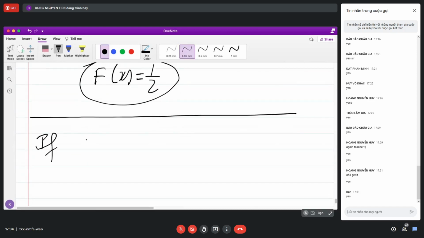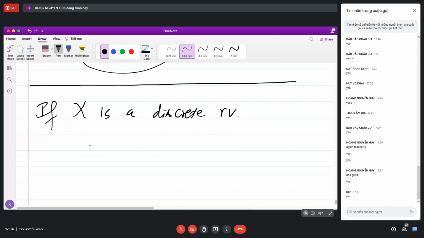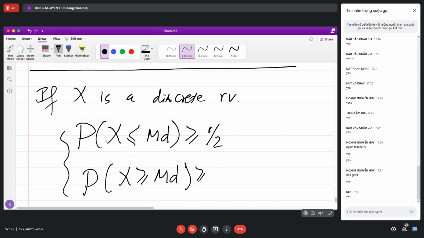If X is a discrete random variable, then the median is the point m such that the probability that X is less than or equal to m is greater than or equal to 1/2, and the probability that X is greater than or equal to the median is also greater than or equal to 1/2.